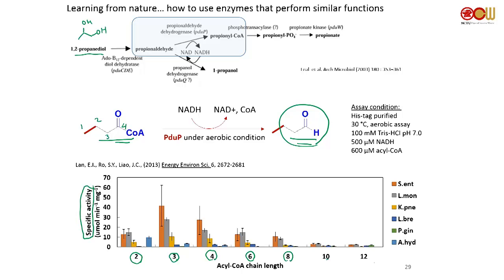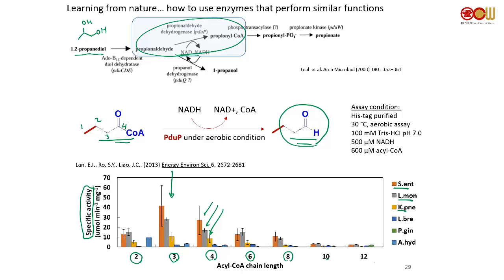Of course, because the natural function is to convert 3-carbon aldehyde to 3-carbon CoA, the 3-carbon activity is high, of course. But I'm very, very lucky in that there are some enzymes that have very good C4 activity. This is called substrate promiscuity.